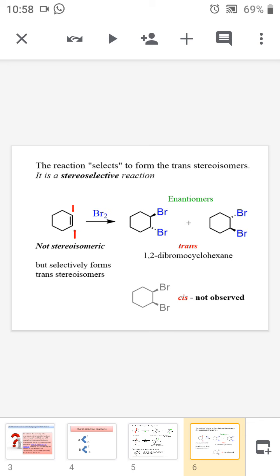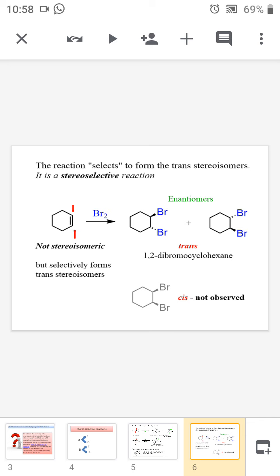We can add the bromine on the top of the cyclohexene or on the bottom, because the cyclohexene has a ring structure, and since a double bond exists, the carbon is sp2 hybridized. So we can add the molecule on the top or on the bottom.